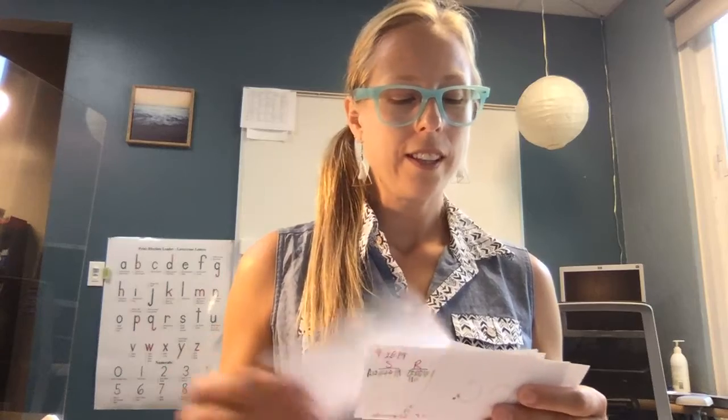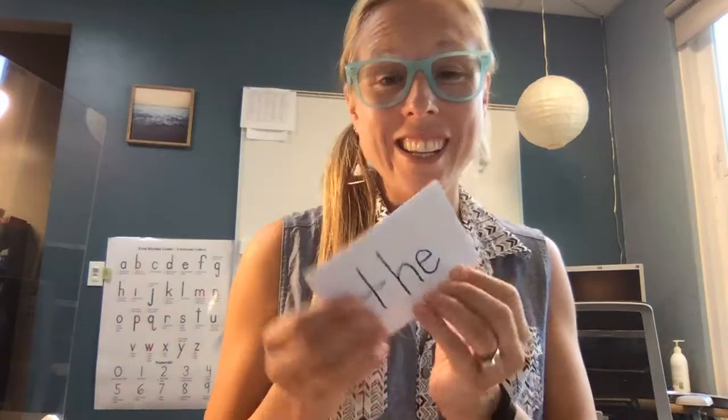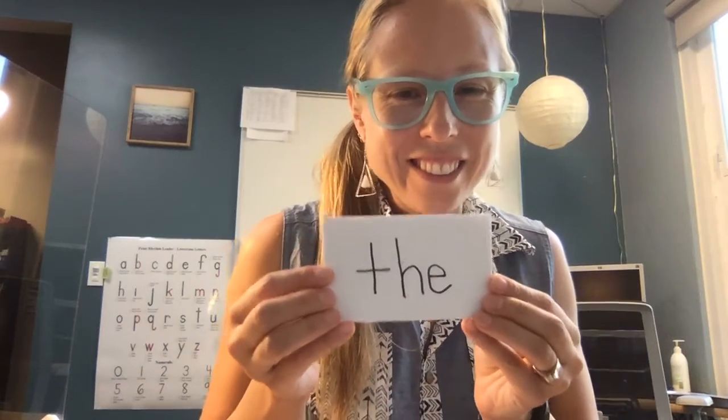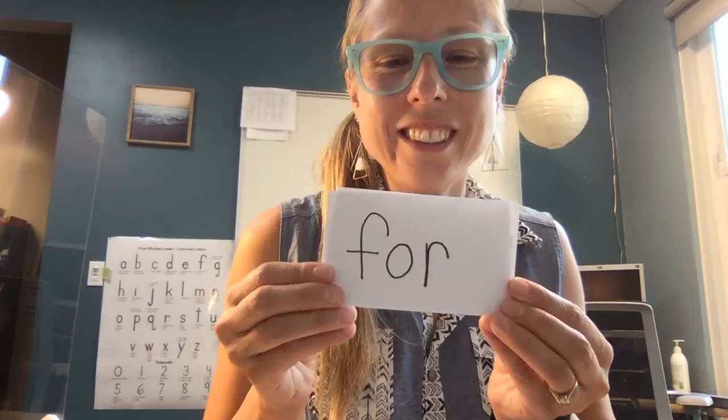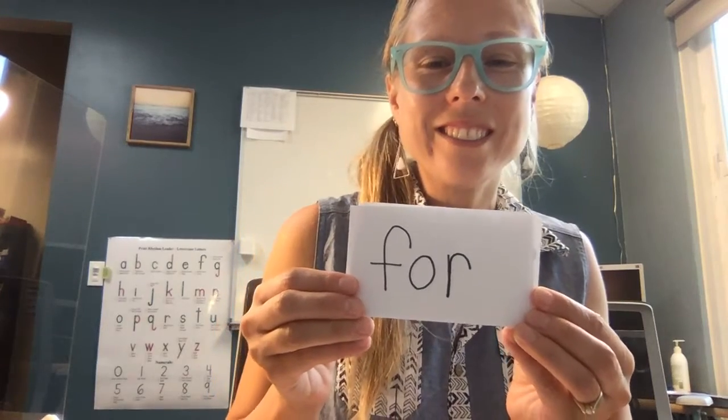All right. Sometimes it's helpful to mix them up a little bit. So let's see if I can do that. I'll first have you read this word. Did you say the? That is the. Next. For.